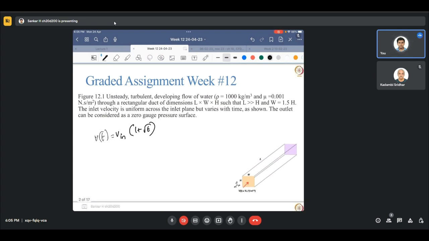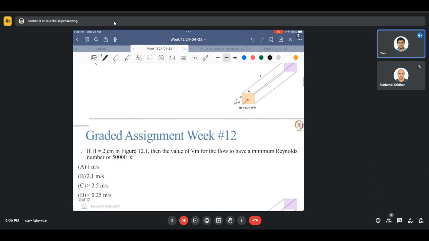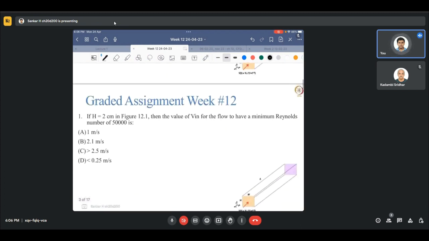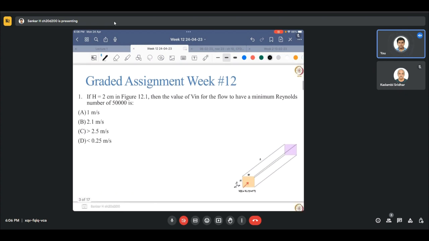The first question is, if h equal to 2 in figure 12.1, the value of inlet velocity for the flow to have a Reynolds number of 50,000 is. The answer is 2.1.